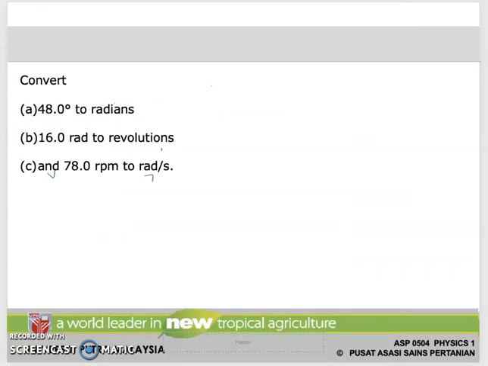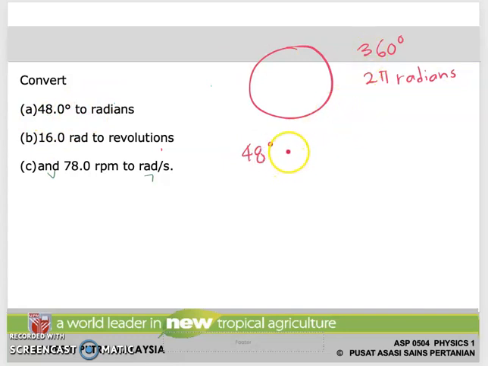So to test our understanding of what we have learned so far, let's do this question. Convert 48 degrees to radians. Remember, in a full circle we have 360 degrees, which is also equal to 2 pi radians. So to convert degrees to radians, I want to get rid of my degrees.